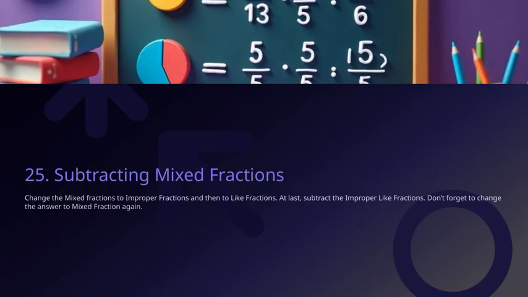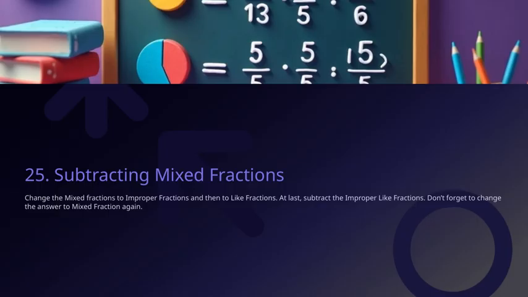Now, let's talk about subtracting mixed fractions. The first step is to convert these mixed numbers into improper fractions. This makes the subtraction process much easier because we're working with a common format. Once you have the improper fractions, the next step is to make the denominators the same, turning them into like fractions. This step is crucial because you can only subtract fractions directly when their denominators are equal. After you've aligned the denominators and made the fractions like, you can simply subtract the numerators.